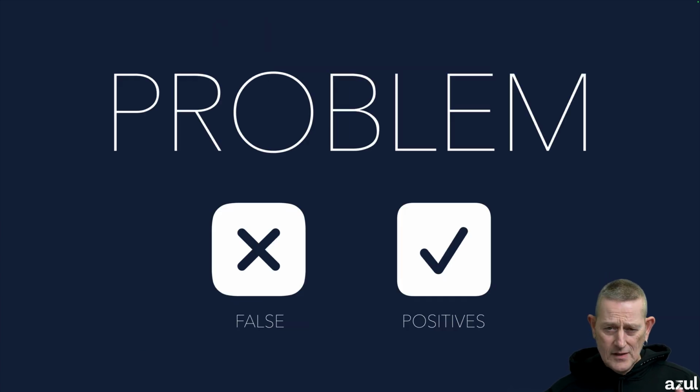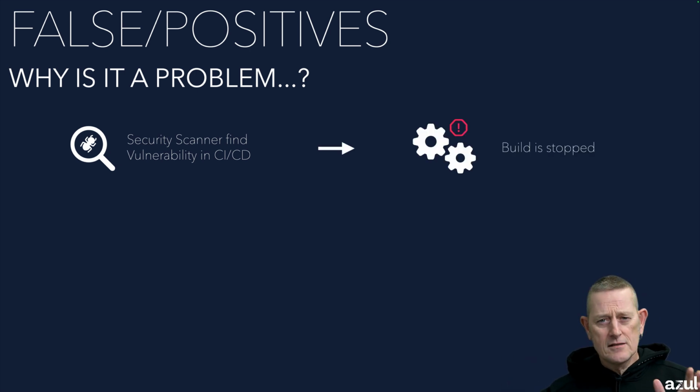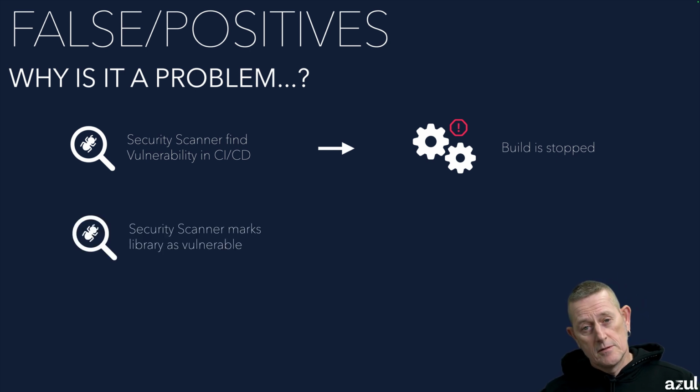So that leads to the problem of false positives, right? If we take a look at the security scanner and it scans your stuff up to CI/CD, then suddenly, in the CI/CD build, it finds a vulnerability and it stops the build. The next thing it will do is mark the library that it found as vulnerable, right?